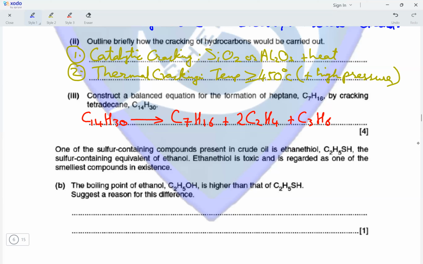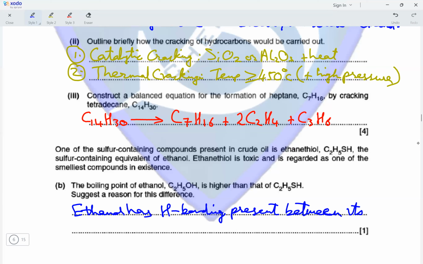So ethanol has hydrogen bonding present between its molecules, which would require more heat to overcome.